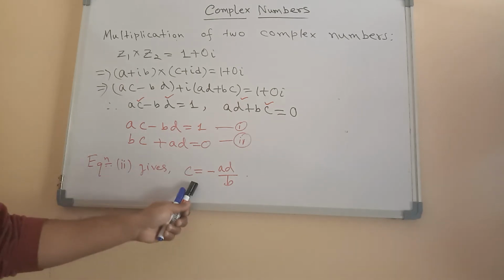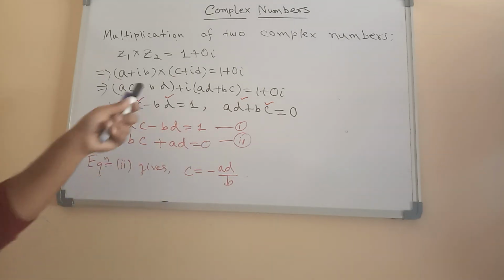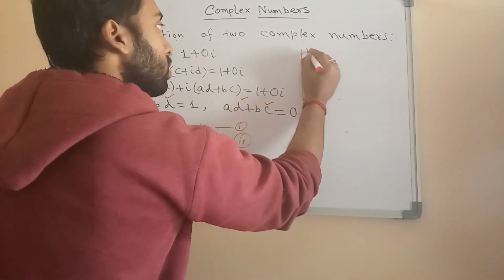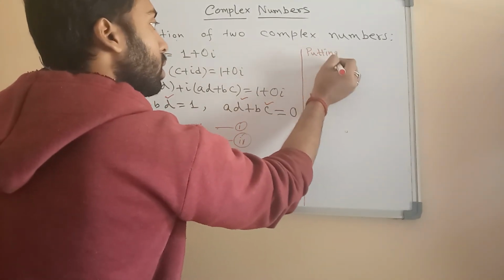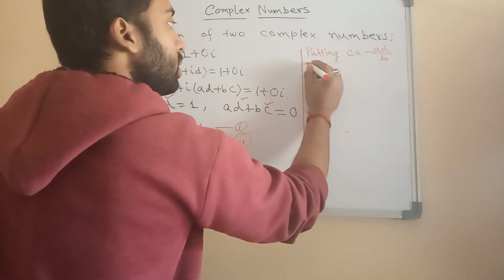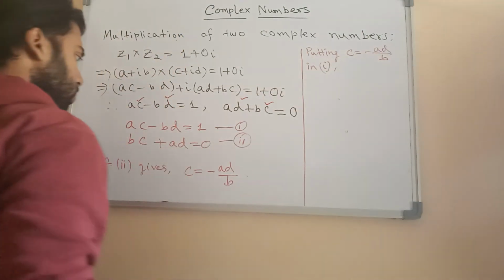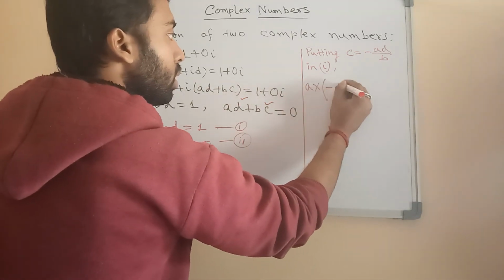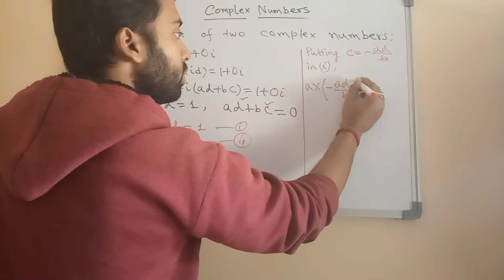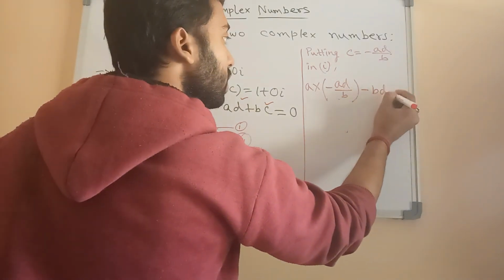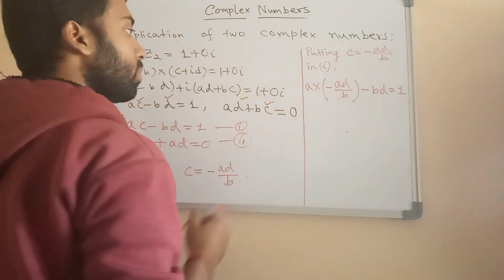Now put C equals to minus AD by B in equation number 1. So it becomes A into minus AD by B minus BD equals to 1.